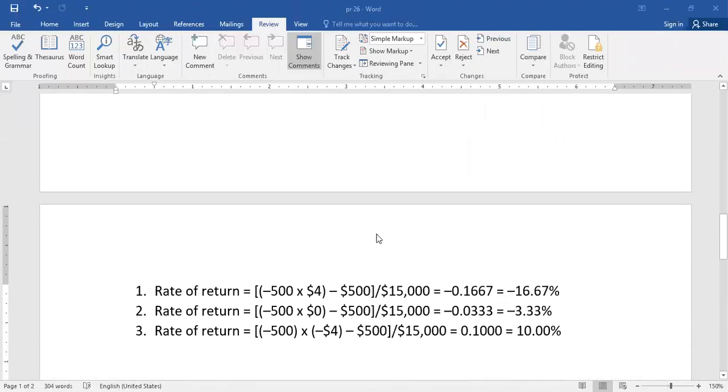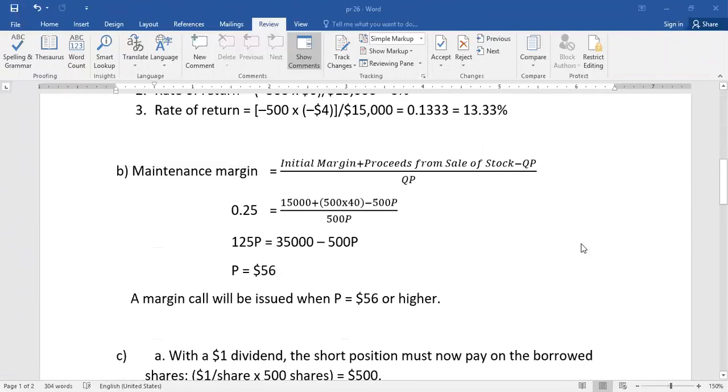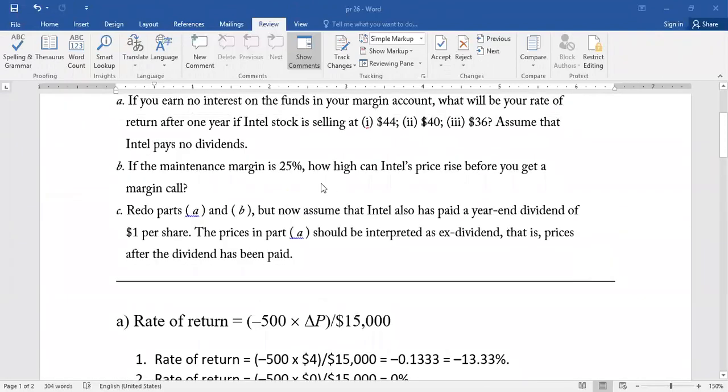I replace it. Minus 500, I multiply by delta P, the change in price, which is minus $4. And I subtract from that the $500 in dividend. Divide by my initial margin, I get 0.1, which is 10%. Okay? So we have redone part A.